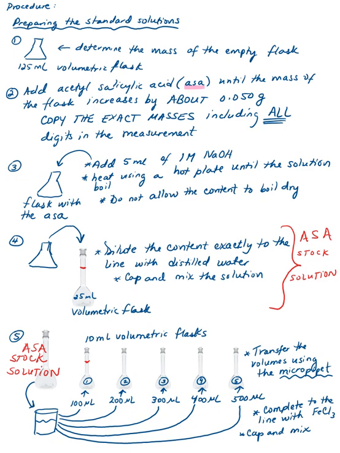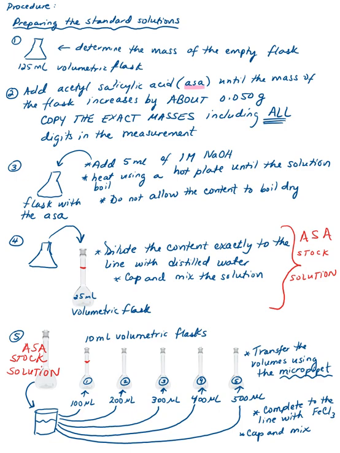So you have to make sure that when you're adding the distilled water, your meniscus aligns with the calibration line in your volumetric flask. You can add distilled water until you're close to that line, and then you can use a medicine dropper to add water drop by drop until the meniscus is at the line in your volumetric flask. Once you complete the volume, you can cap your volumetric flask and mix your solution.